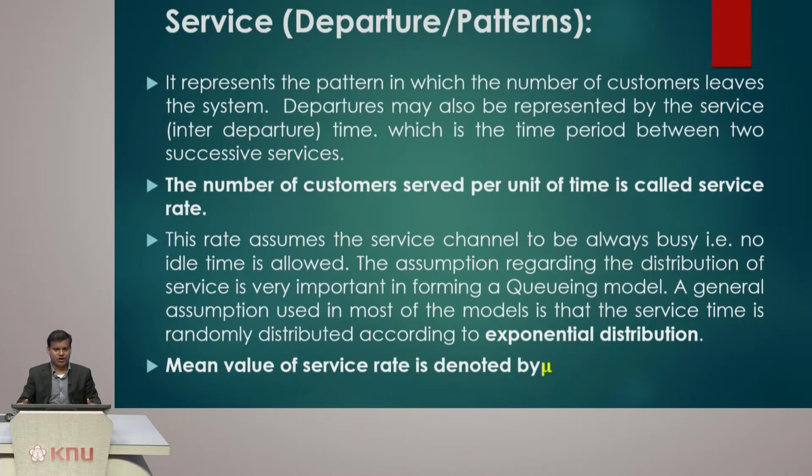The assumption regarding the distribution of service is very important in forming this queuing model. Generally speaking, this service pattern is exponentially distributed. So the mean value of the service rate, or mean service rate, can be represented as mu. We will see the formula later.